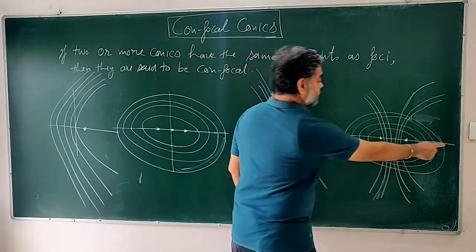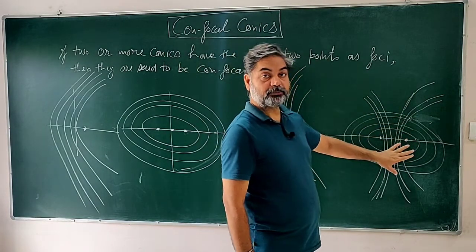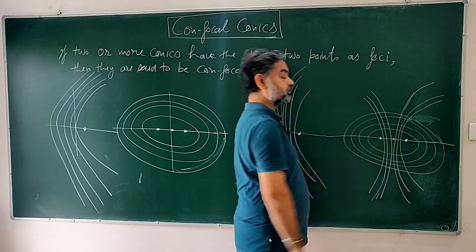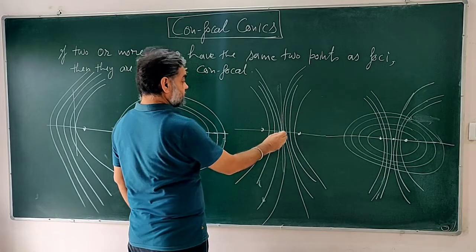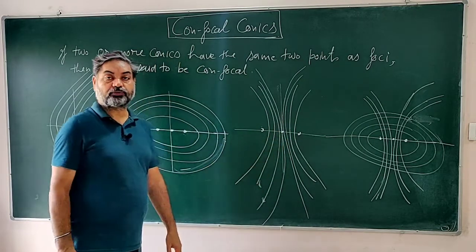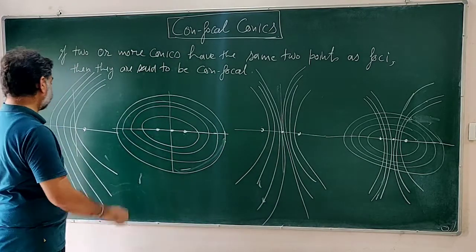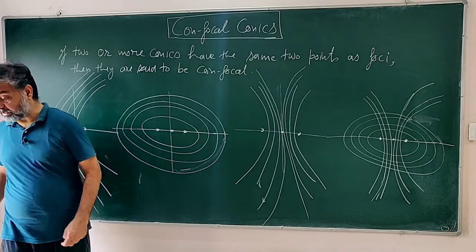Similarly, all these hyperbolas and ellipses here have the same axis and the same center. So the center, foci and axis of the confocal conics remain this way.